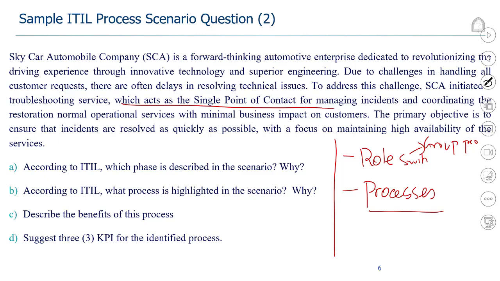So that is a role. That one there is a role. This is a role. This is a service desk role, SD. For managing incidents, anything you see for managing incident, we are talking about incident management and coordinating the restoration of normal operations.